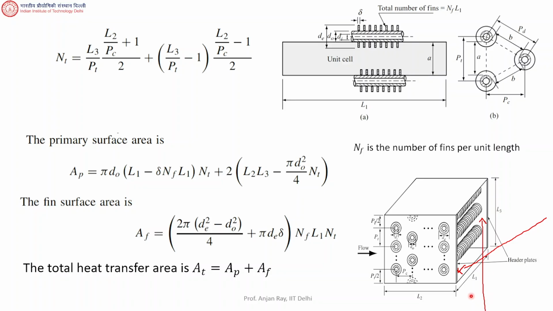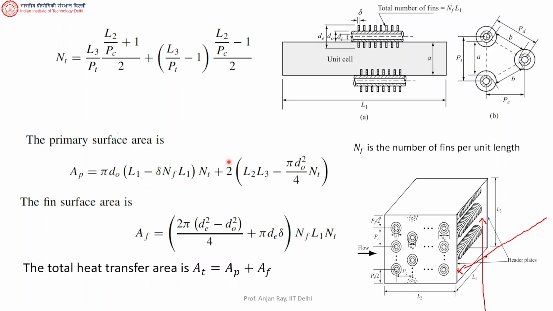But from that L2, L3, we also have to subtract pi d naught squared by 4 multiplied by NT, right? Because those are due to these tubes going into the walls, right?